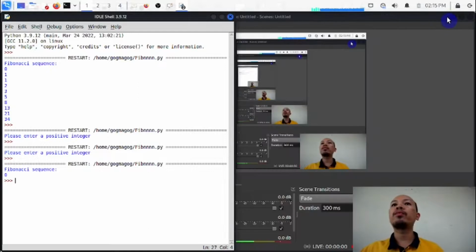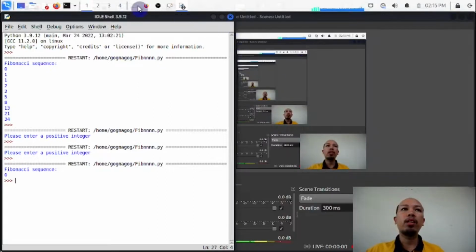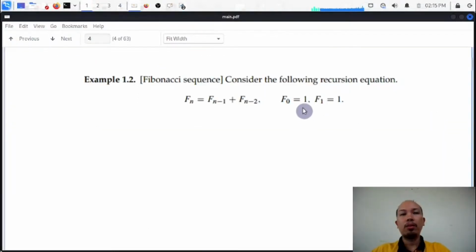As you can see in the formula here, as I've said before, there are books that use the first term as 0.